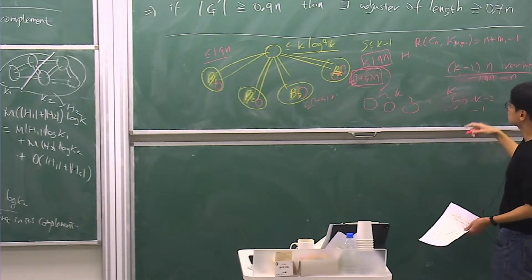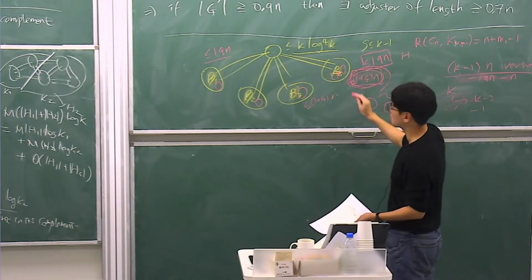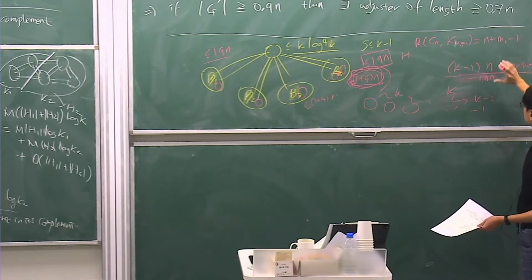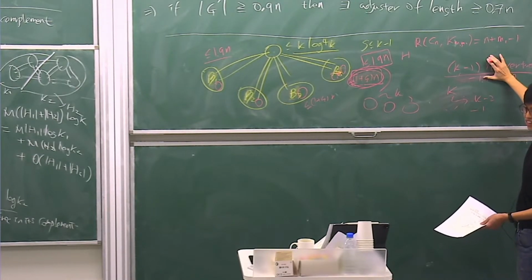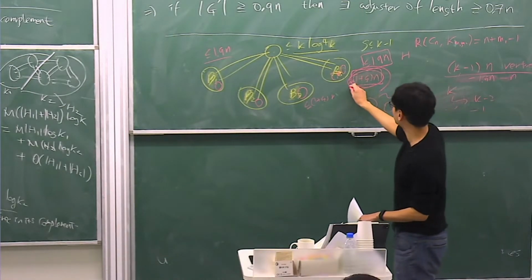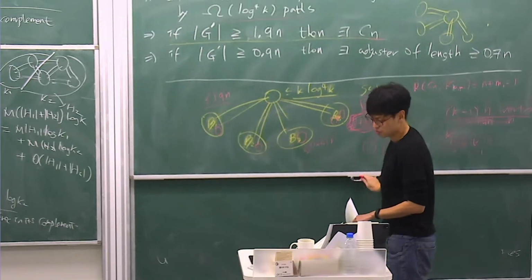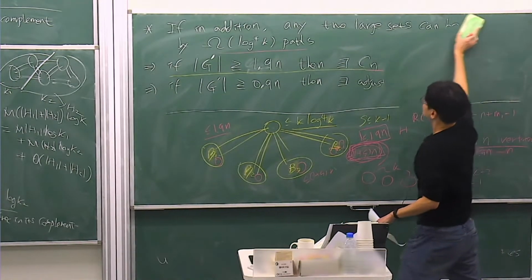You keep doing that, then you can see that if there is at least one part bigger than this, then we exhaust this part first before this and find the H. That shows that none of them has a size bigger than 1 plus epsilon n. I think I didn't do a good explanation here.